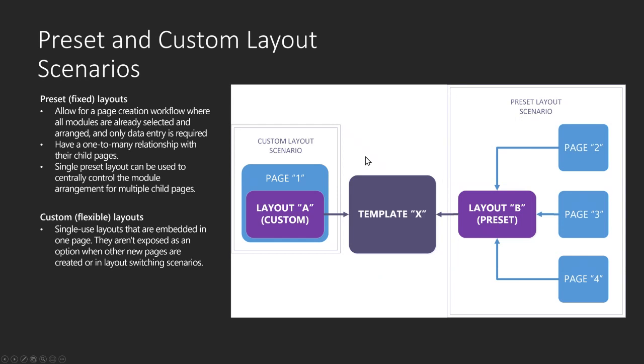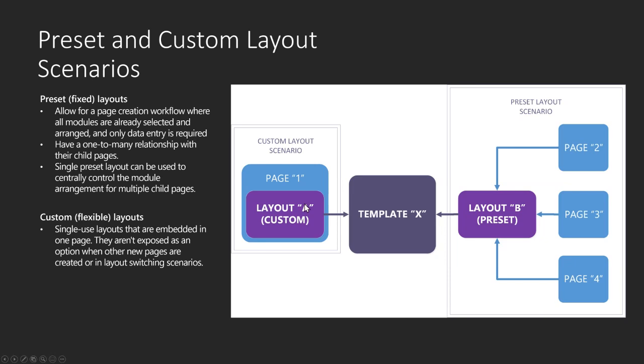So, kind of deep diving a little bit into how a layout and a page instance works. I mentioned before that a layout can be shared across many pages, or it can be just in one page. So this shows that a layout object can be standalone and referenced by many pages here on the right, or it can actually just be embedded in a single page.